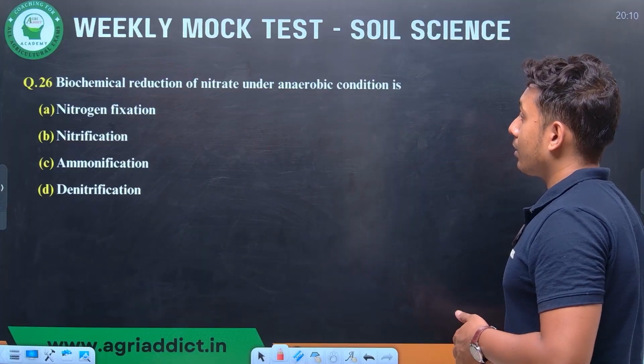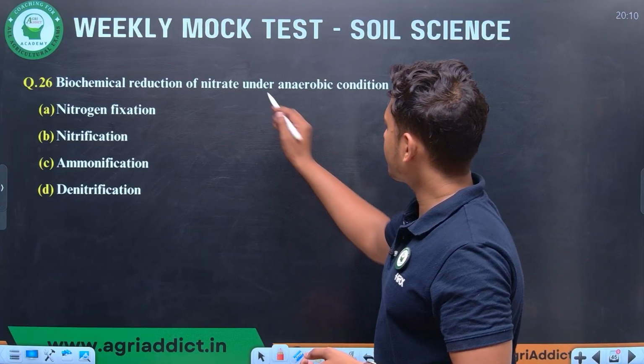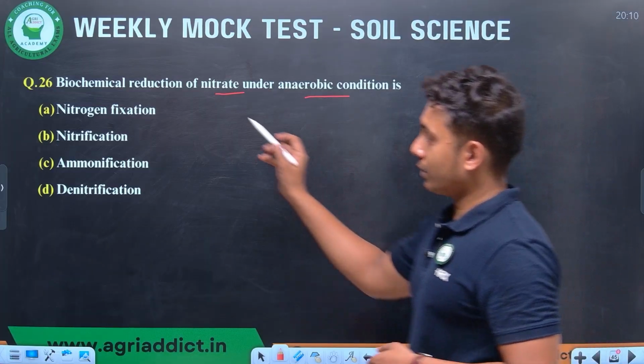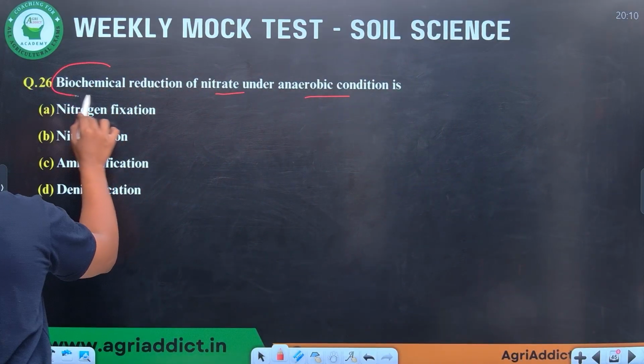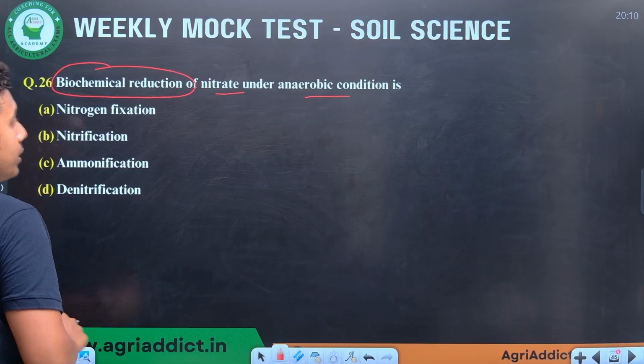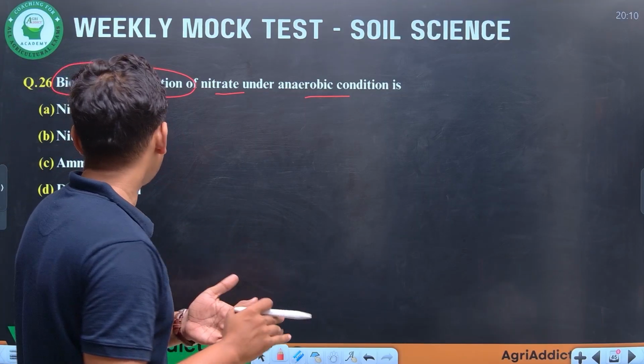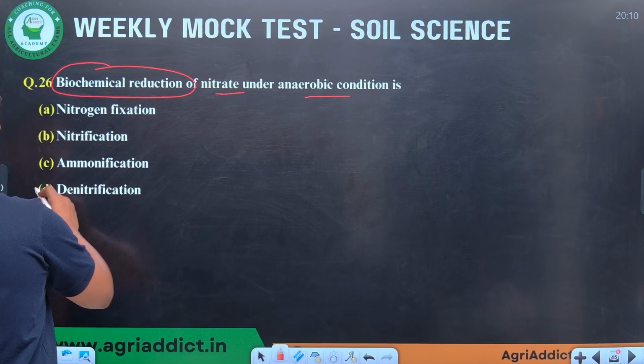So now comes the next question, the biochemical reduction of nitrate under anaerobic condition, where biology will also be utilized, meaning soil microbiology will also contribute. So it will be denitrification.